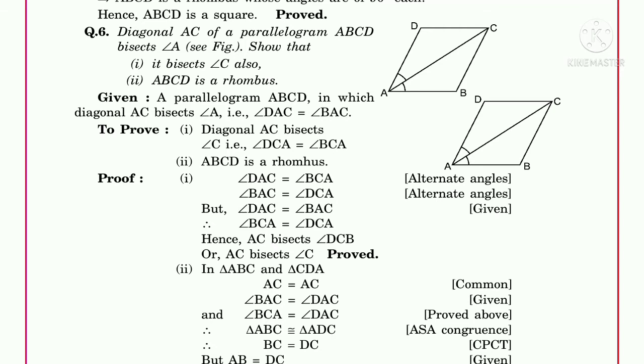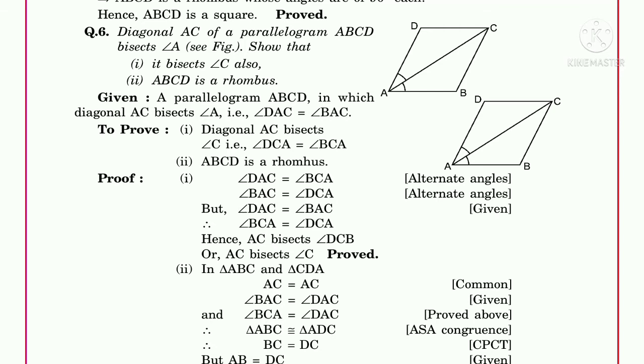Now, at the starting, one thing we already know: angle A is bisected, that means DAC is equal with BAC. So in place of BAC, we write DCA. In the third line we write: therefore angle BCA is equal to DCA.